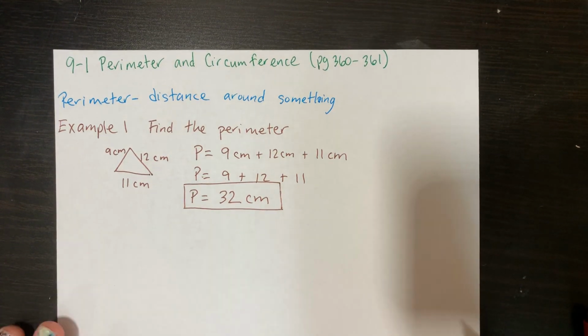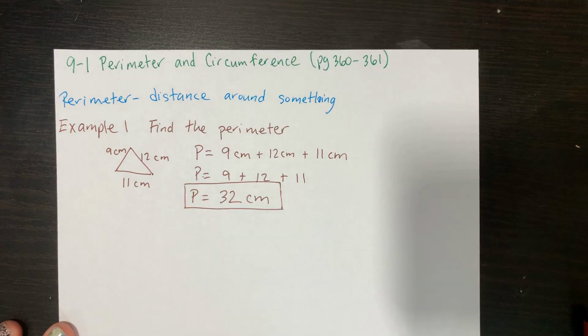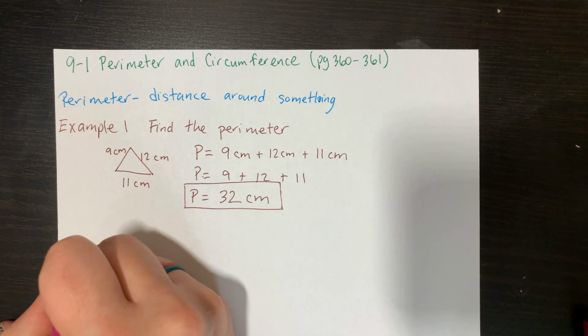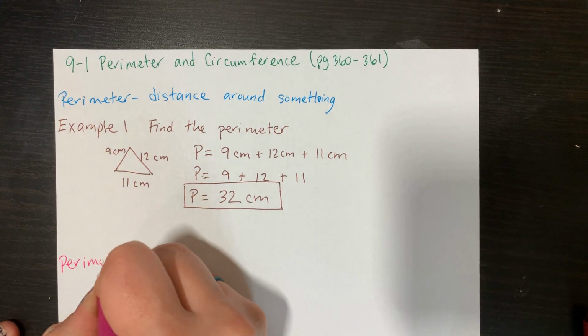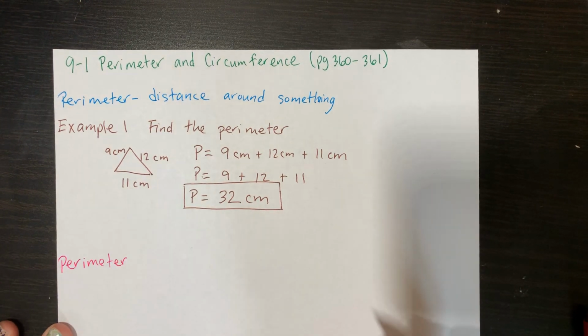All right. Rectangles are unique because they have same sides. So let's talk really quick about the perimeter of a rectangle.